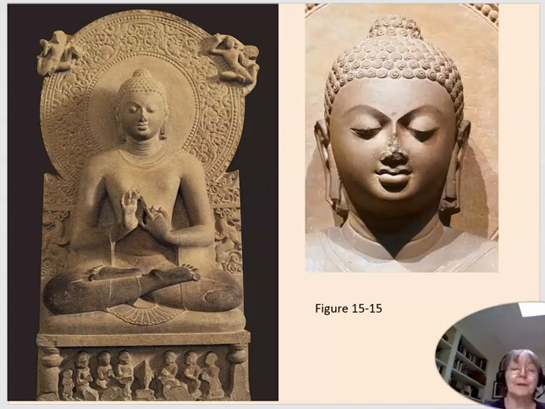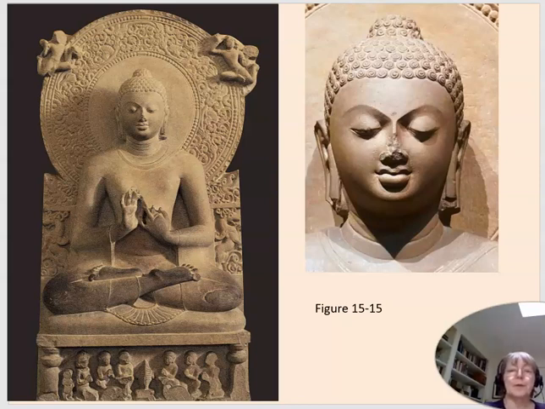So we're reminded that the Buddha does come from the Kshatriya caste, that he was a prince, and that he gave that all up in order to seek enlightenment for himself and then ultimately to share it with others.